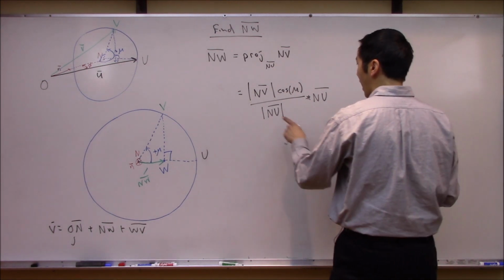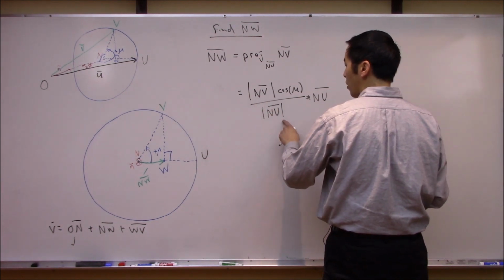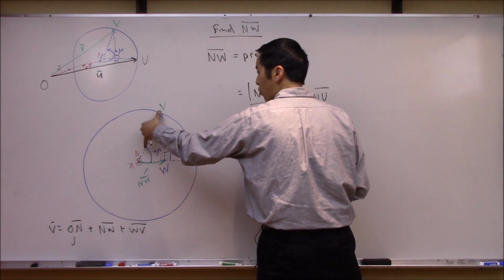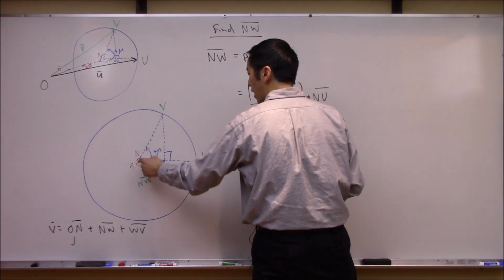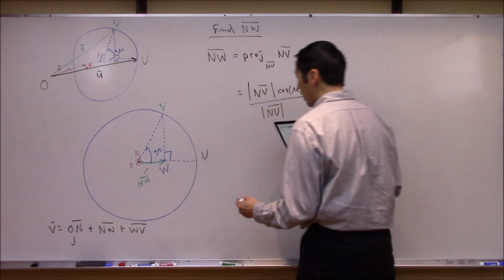Okay, great. Let's ask ourselves, what is the magnitude of NV and the magnitude of NU here? So if you look at this, magnitude of NV, this is basically the radius of this circle here, right? And what is NU? The magnitude of NU is, again, the radius of the circle here.